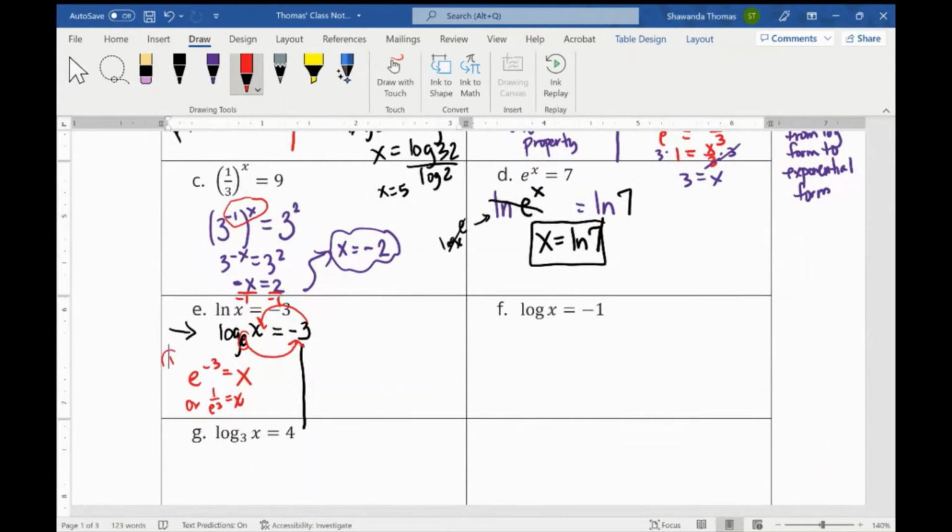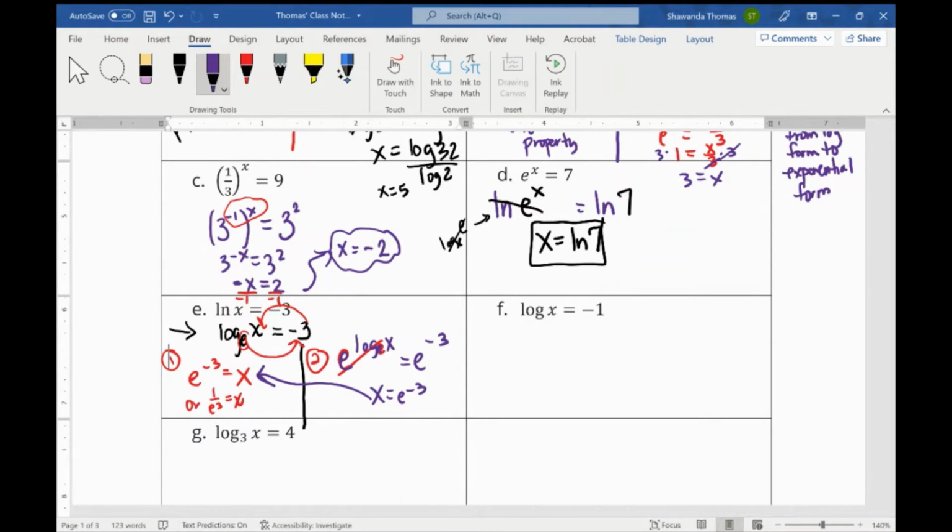But the second method: since this is base e, we can say e to the log base e of x, or natural log of x, equals e to the -3. These bases are the same, so that cancels. So we have x equals e to the -3, the same as before. Whichever way you prefer, you should roll with that way.